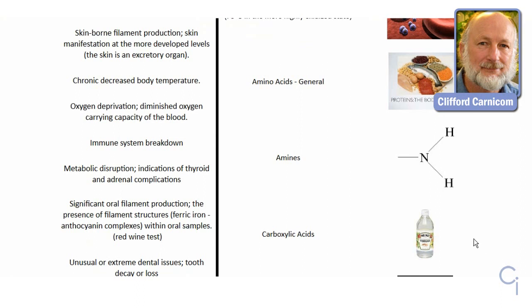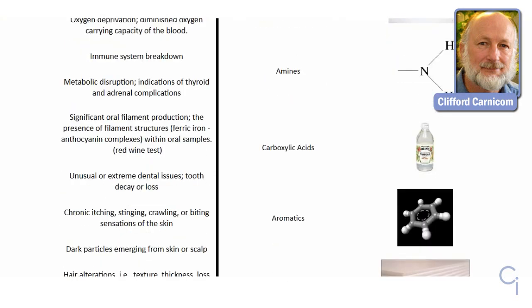Metabolic disruption, indications of thyroid and adrenal complications. Significant oral filament production, the presence of filament structures within oral samples. And one could also say iron there if you wanted to. Unusual or extreme dental issues, tooth decay or loss.